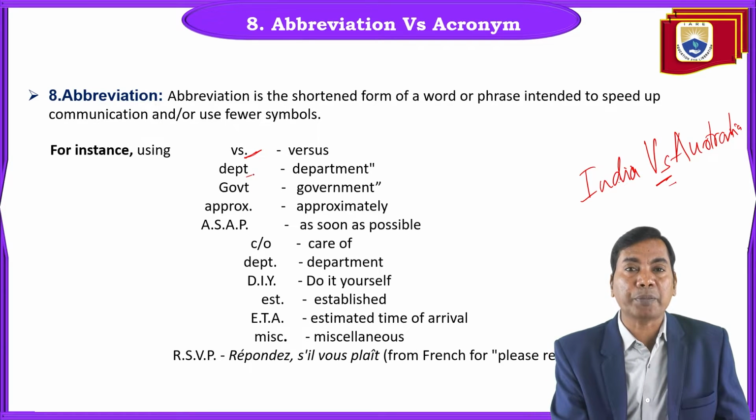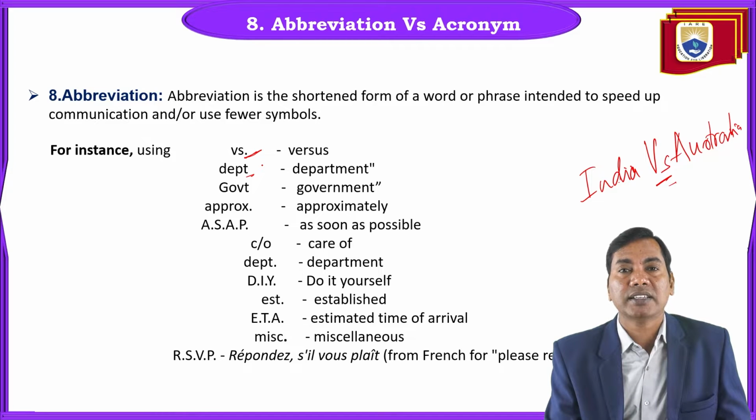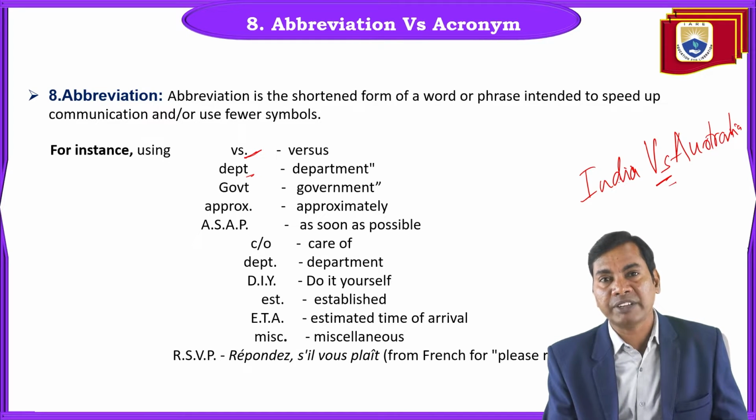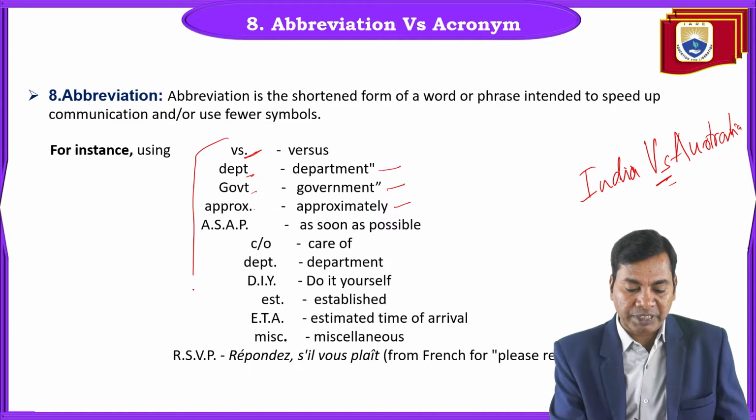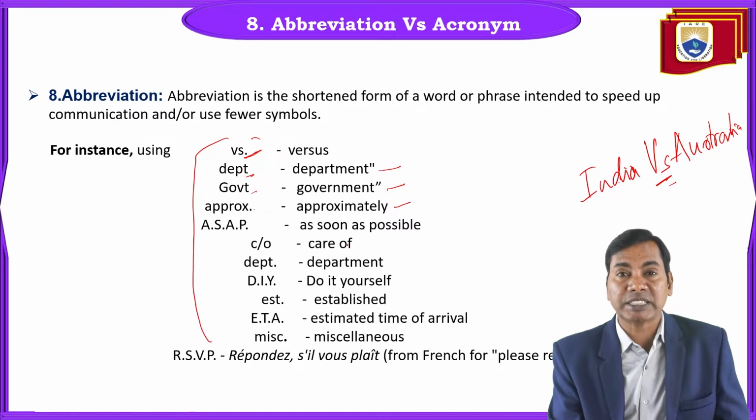And DEPT is a well known abbreviation for department, GOVT for government, APPROX for approximately. These are all abbreviations, and the extended form is mentioned against each one of them, right?